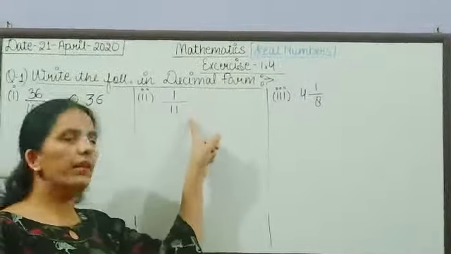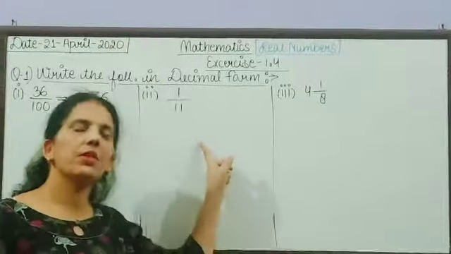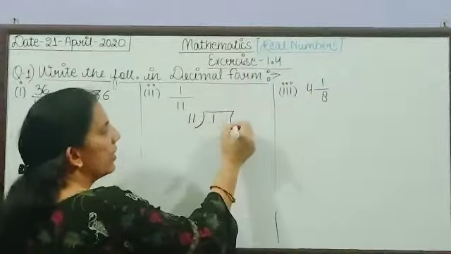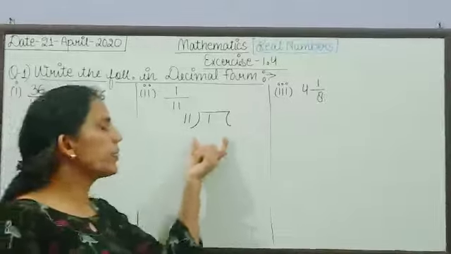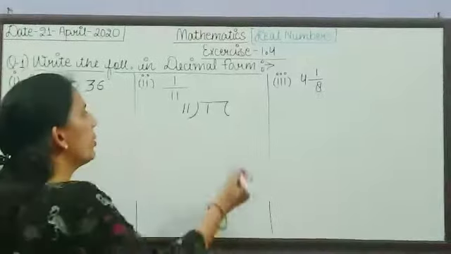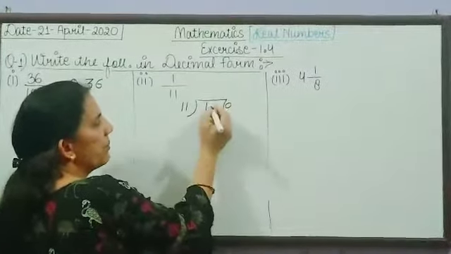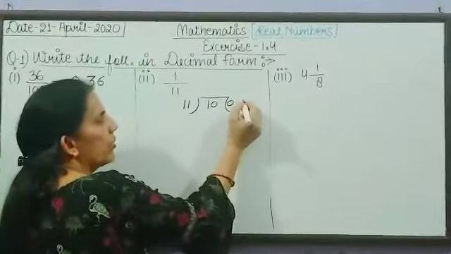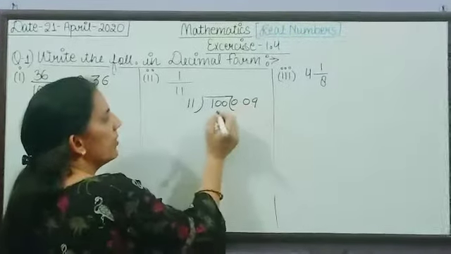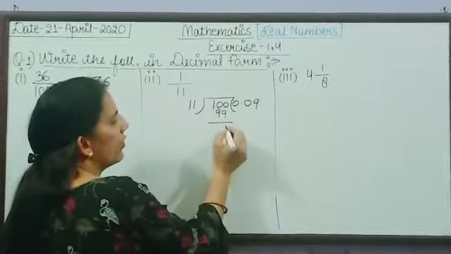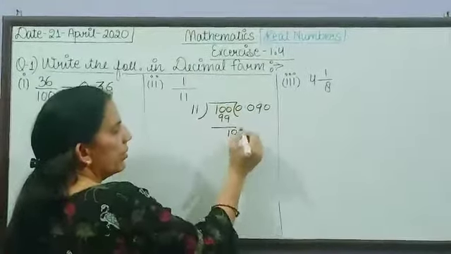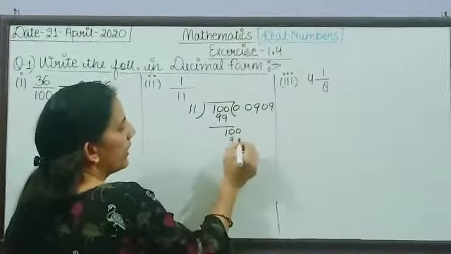Now come to this part. This is 1 upon 11. If I want to convert it into decimal expansion, how will you solve it? We have to divide 1 by 11. Right? So what procedure did you follow in ninth class? You followed the long division method. 0, take decimal, take 0, as it is also less than 11. Again, by putting 0, we come to this part. 11 nines are 99. Again you will get 1, by decimal 0, again 0, and 11 nines are 99.